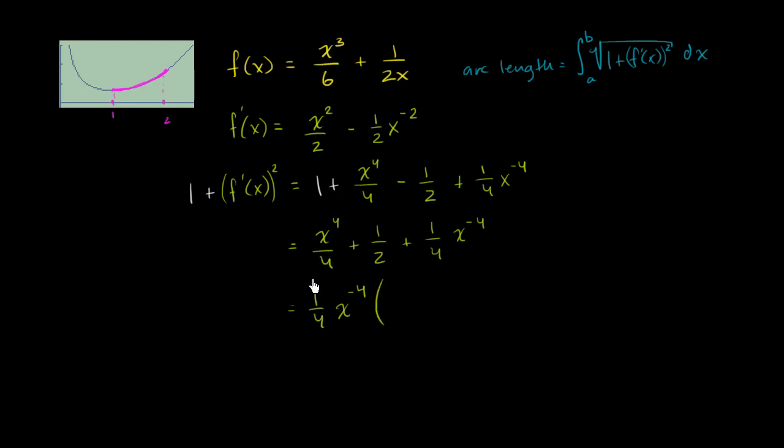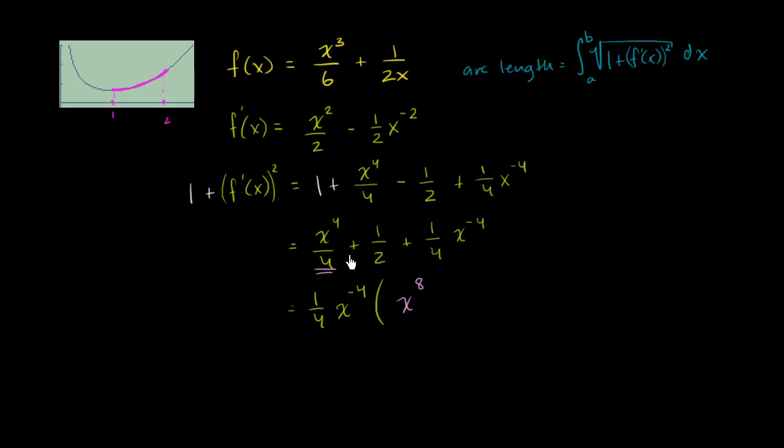So if you factor 1/4 x to the negative 4th out of this first term, when you factor this out, it is going to be x to the 8th power. Now, this term right over here, if I factored out a 1/4, it's going to be equal to 2x to the 4th.